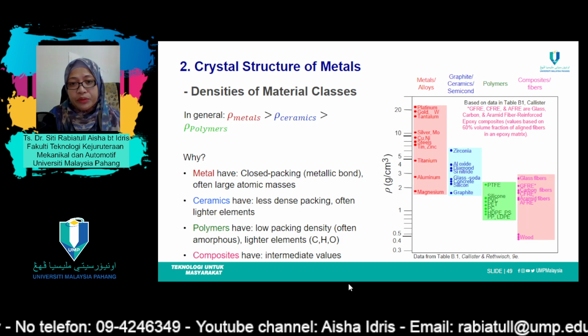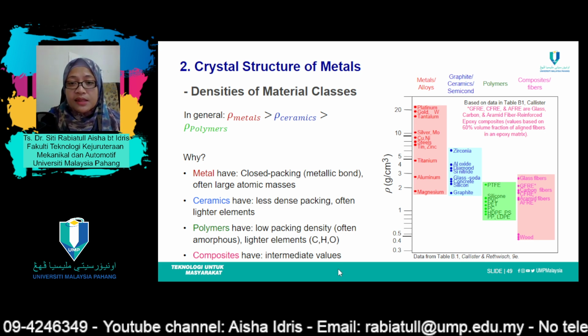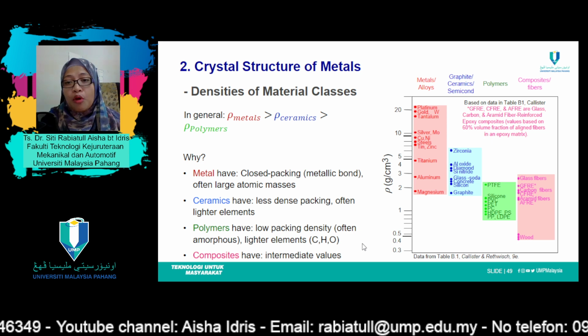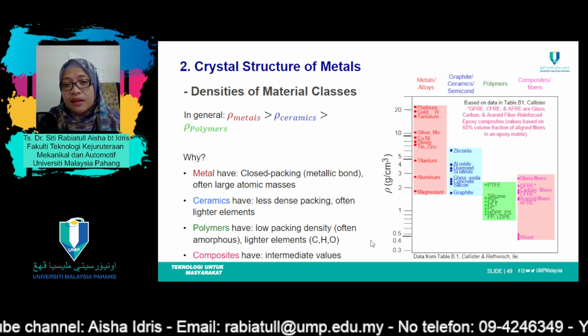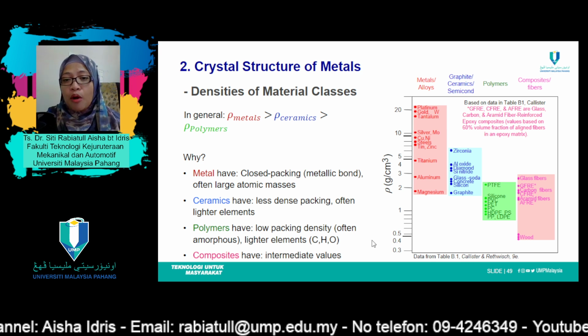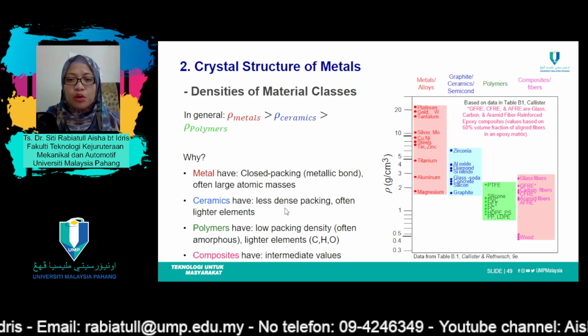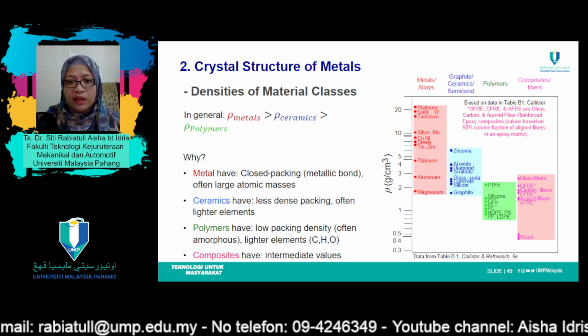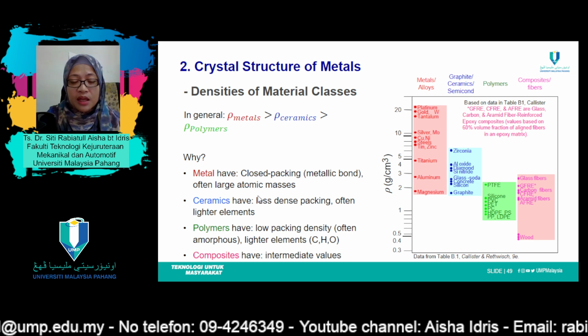So in general, for density, we can see that the density for metals is higher than ceramic, and ceramic density is higher than polymer. Why? Because metals have close packing metallic bonding, and normally large atomic masses.